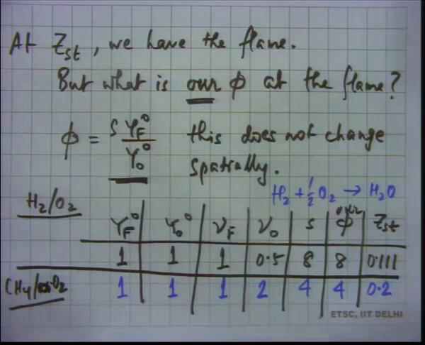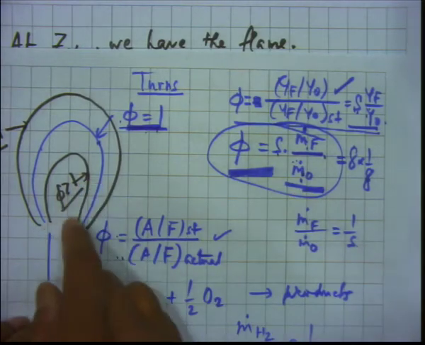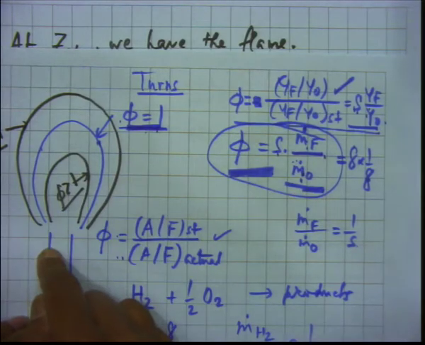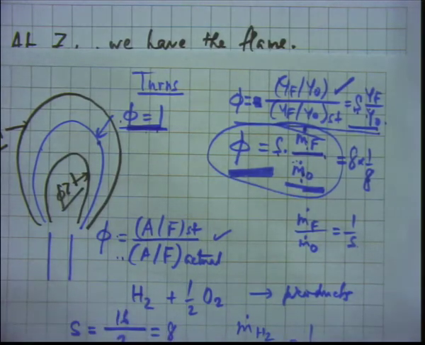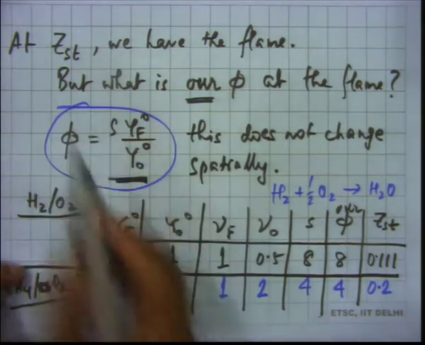So, what is the summary? Summary is that if we use that kind of definition which Stearns had used, this phi, then we have the flame at phi equal to 1. Okay. But we made a switch. According to our notation, our phi is actually this, and this is a static number.